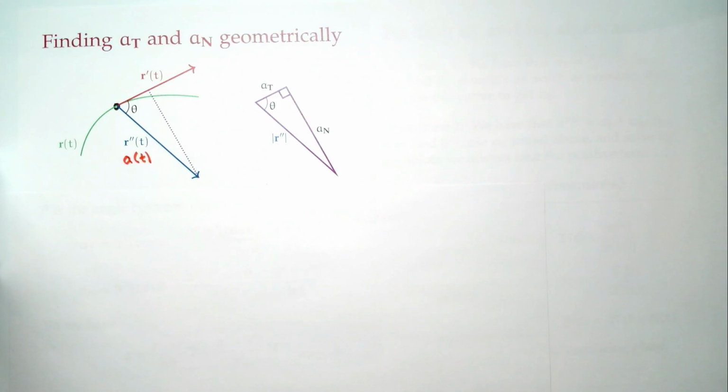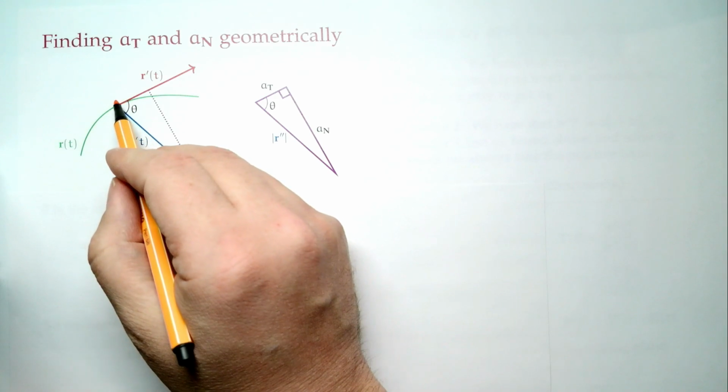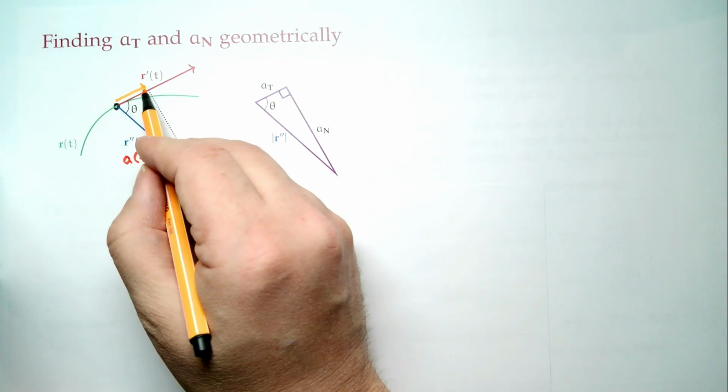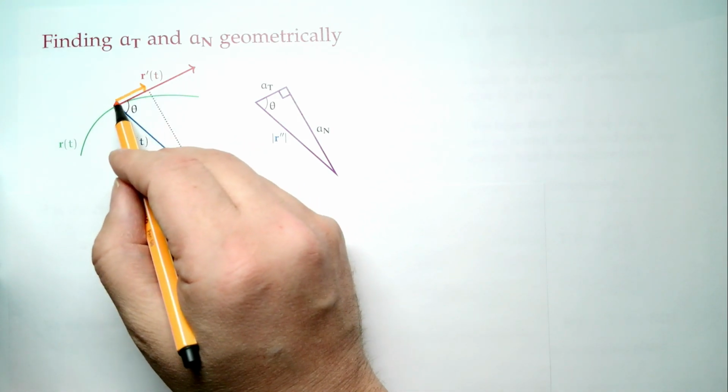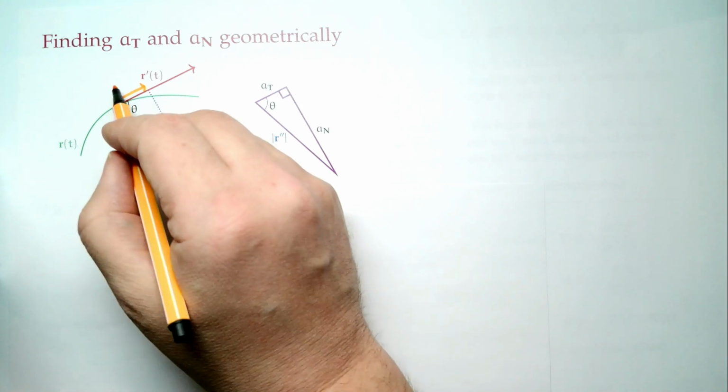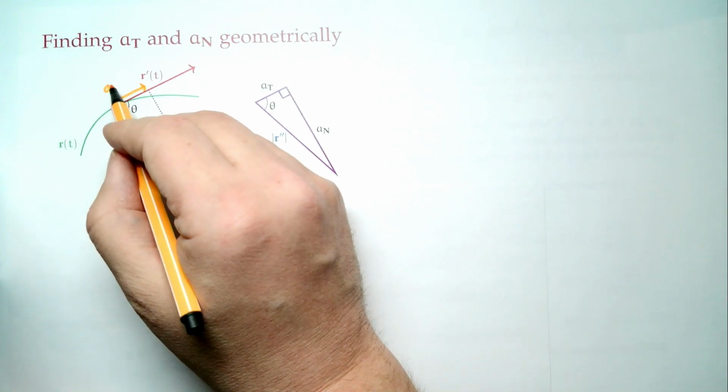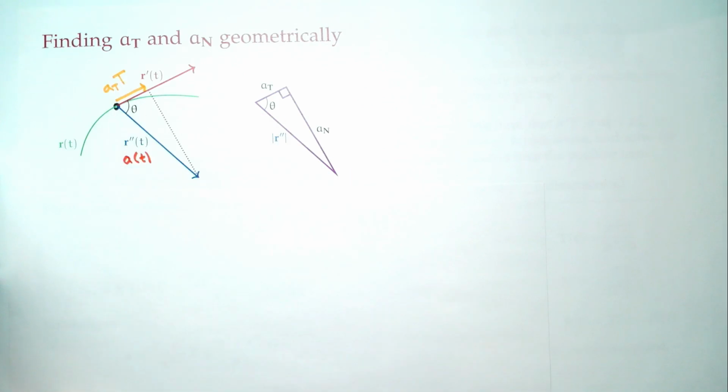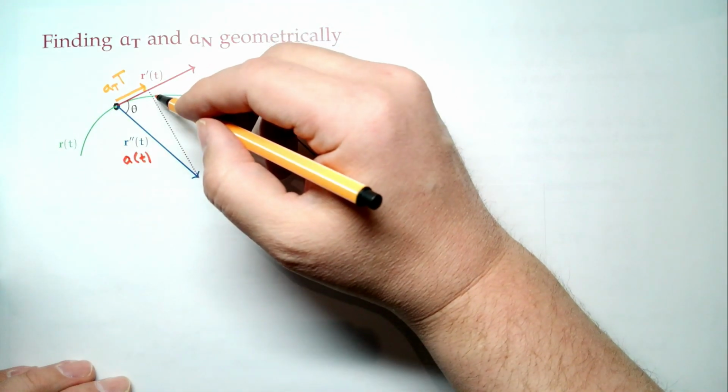And what do I want to do? I want to break it into two parts. So the parts are what goes with motion. So it's this part here that's in the same direction as the motion. So this is the a sub t times capital T. I'm suppressing the of t's just to save myself some space.